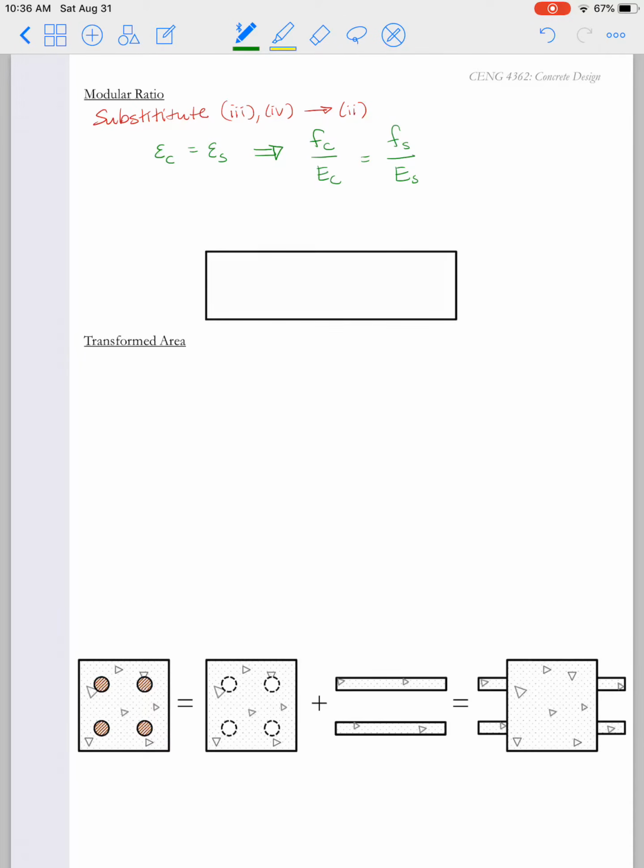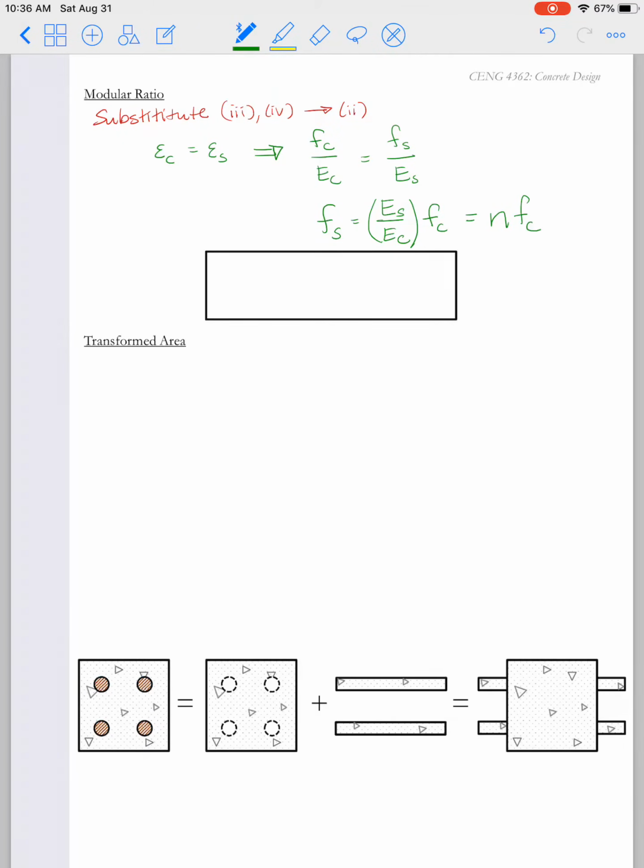Now we're going to solve this in terms of the stress in the steel. So I want to solve for the stress in the steel. This is now the modulus of elasticity of the steel over the modulus of elasticity for concrete times the stress in the concrete. Now, this ratio of the modulus of elasticity of steel to concrete is what we refer to as the modular ratio, what I just put in parentheses.